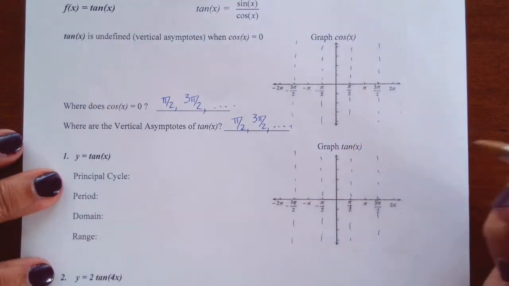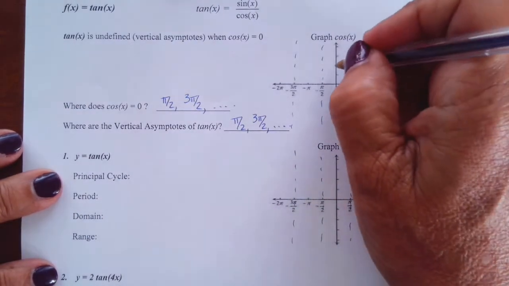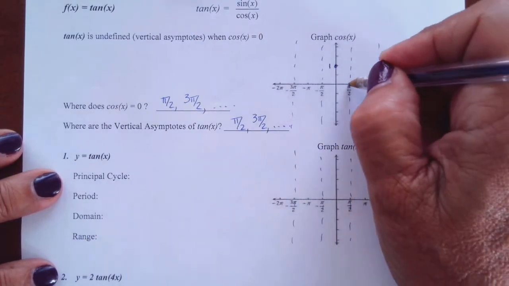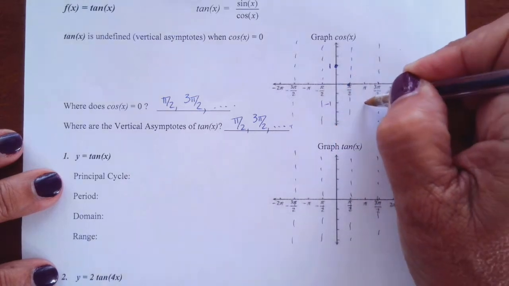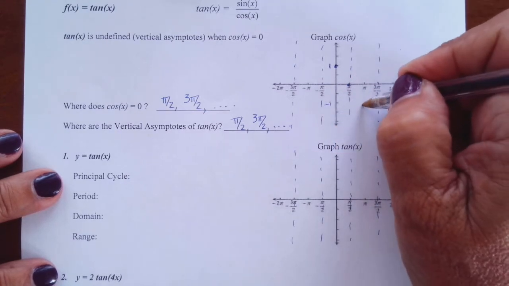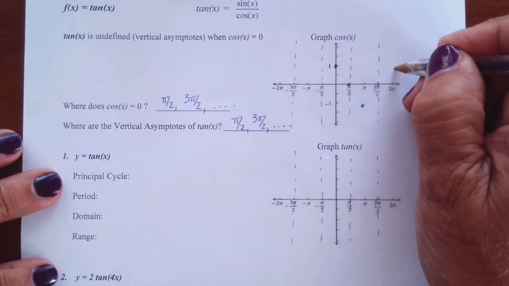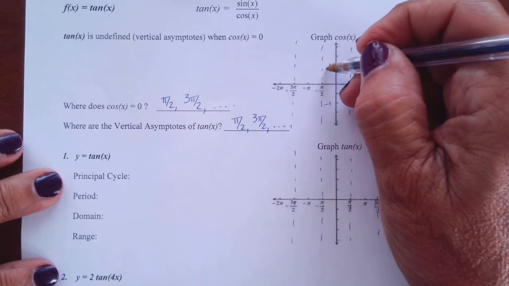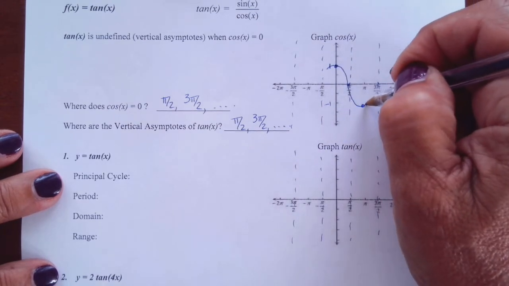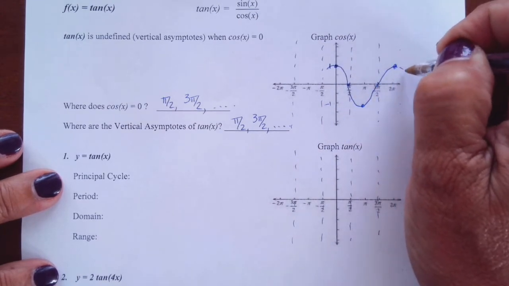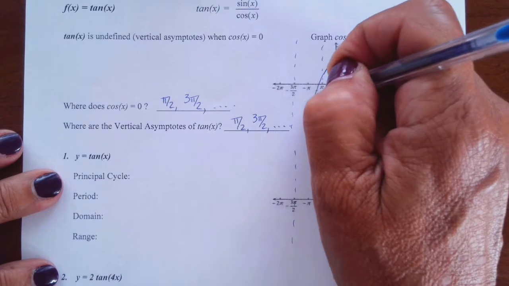All right. So cosine, let's remember, starts at 1, right, and goes to -1. Okay, so here's your cosine graph. It keeps going in both directions, right?